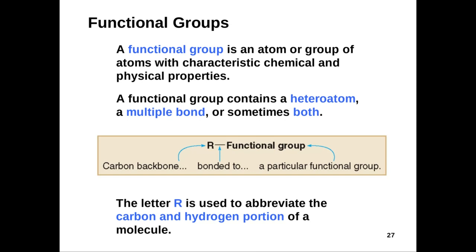Now, I dropped a functional group name on you guys earlier. I said a methyl group, and a methyl group, which I told you was CH3, is simply one type of functional group. Now, a functional group, and this is a memorization part of organic chemistry, is an atom or a group of atoms with characteristics that are both chemical in nature as well as having physical properties.